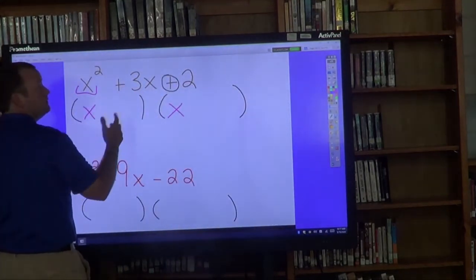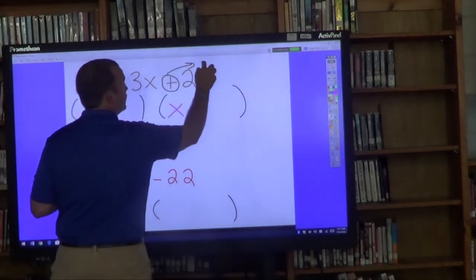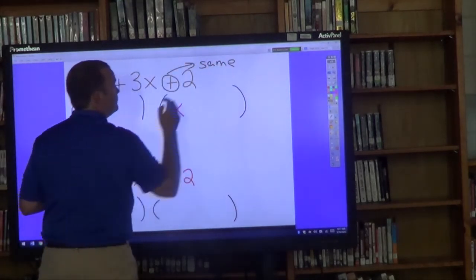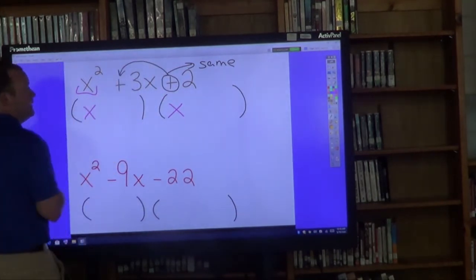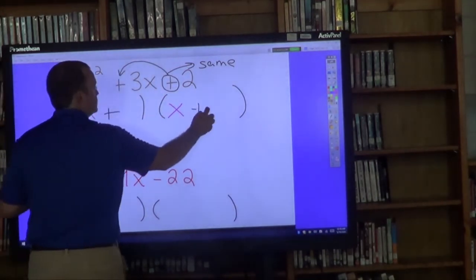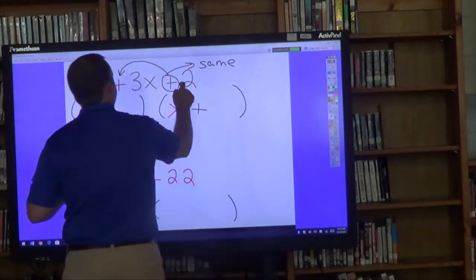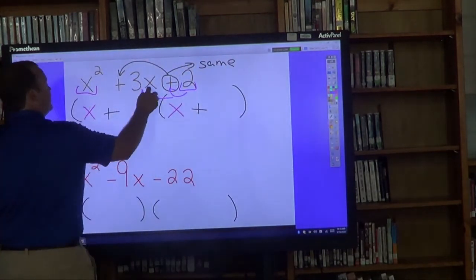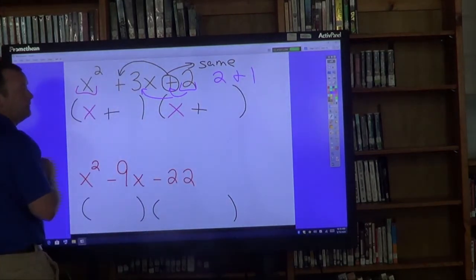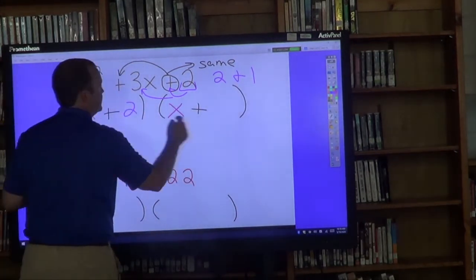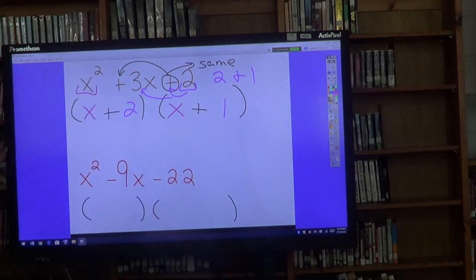When C is positive, the signs are both the same, but I don't know which yet, so I have to look in the middle. They are both going to be positive. Now to find my constants: what factors of 2 could I add together to give me 3? It's 2 and 1. Since my signs are the same, it makes absolutely no difference where you put them.